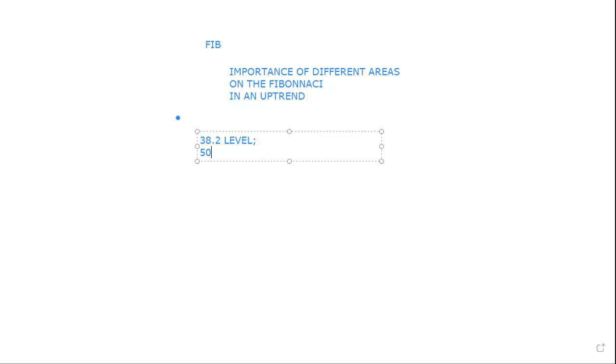And sometimes the market might not pull back to the 61.8. So if you get an entry around the 50 Fib level, it's not a bad area for an entry.